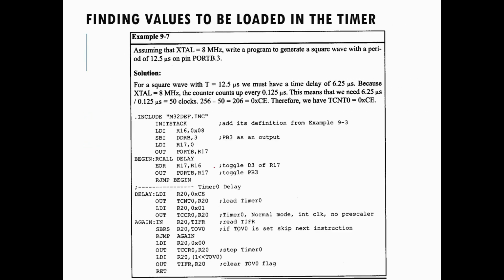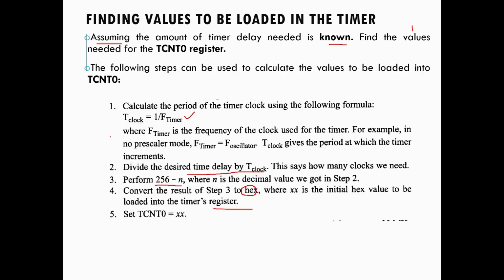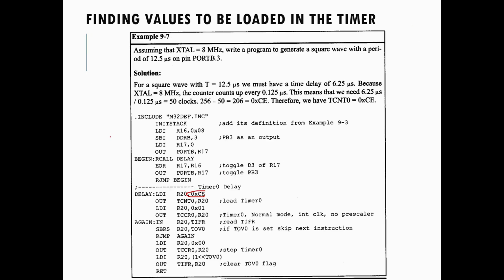So firstly we find the time. How to find the time here is explained in this slide. So how do we transfer it into the assembly language? Firstly, we know that the time is 12.5 microsecond.